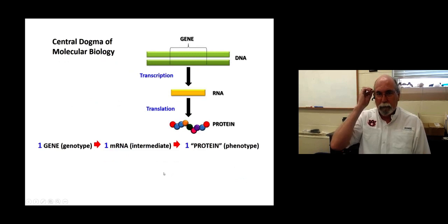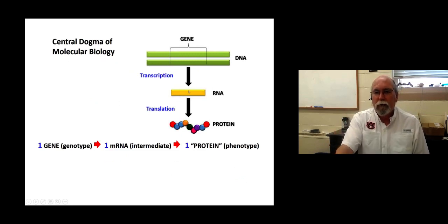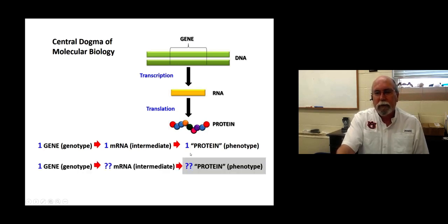All right, so here we are. We've got these transcripts. We've now made this message, and we thought in the past that was the relationship. Well, it turns out that's not the way it works. One gene is capable of not just producing one message, it's capable of producing multiple messages because of splicing.